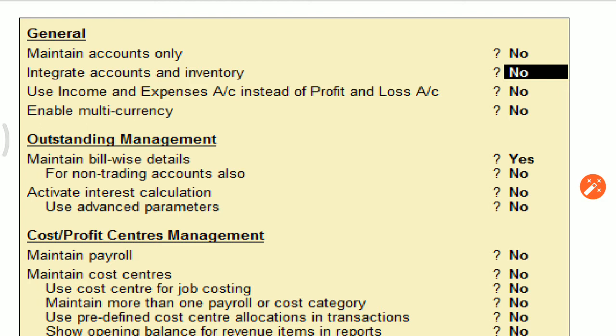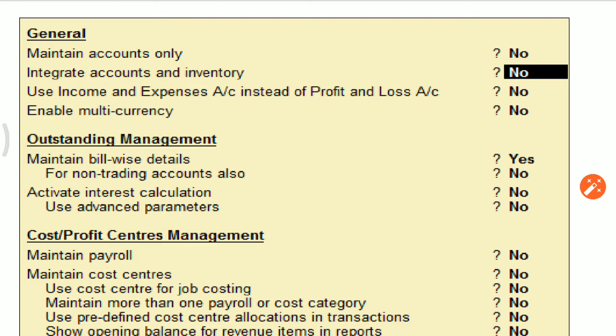Integrated accounts and inventory, if the previous option is yes, then this question is integrated accounts and inventory, meaning whether you want to take closing stock inventory into the accounts. Generally this answer is no, because inventory is not tallied as per accounts. There are minor differences, so it is very difficult to match accounts inventory with physical inventory. So always this option should be no.